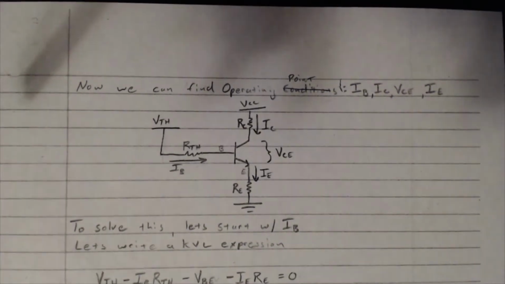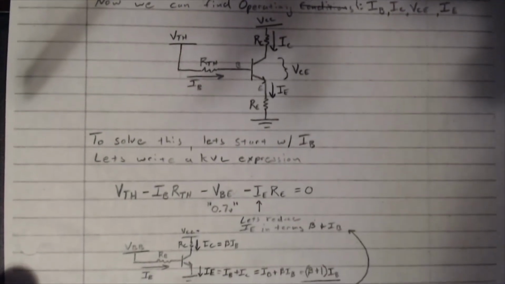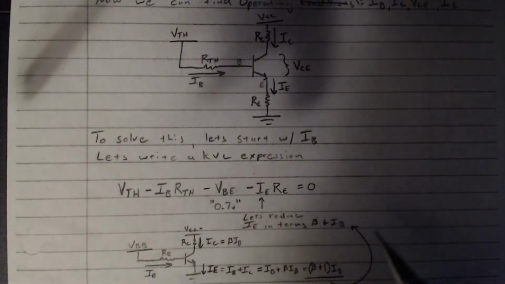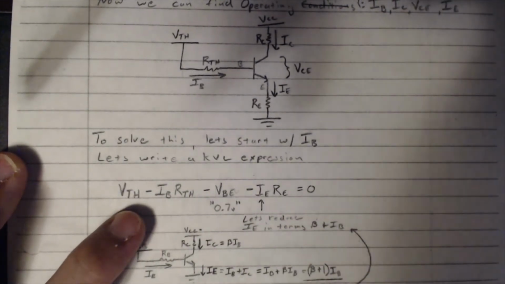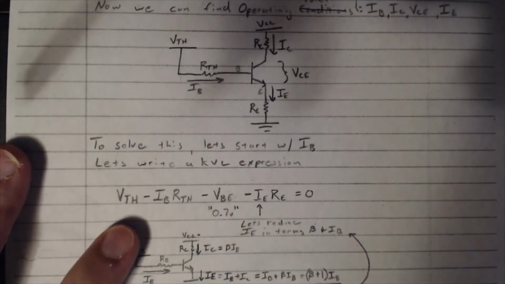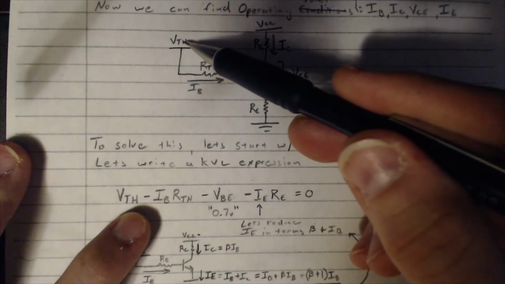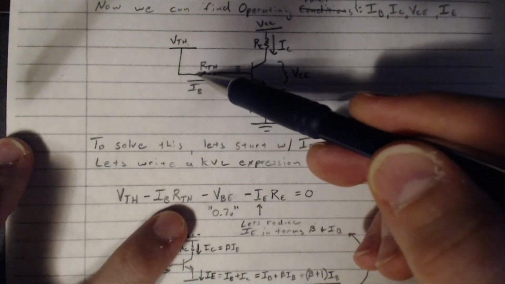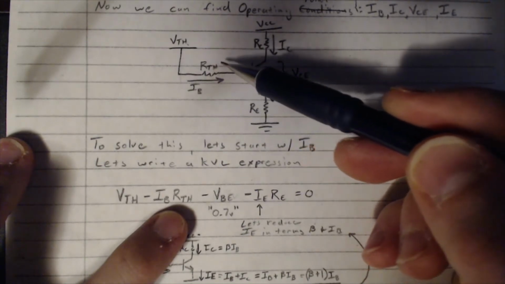Okay, so let's go ahead and first figure out how to find IB. Well, we end up doing that with a Kirchhoff's voltage law expression, or KVL expression. Simply put, we have VTH minus the voltage drop across the Thevenin resistance over here.